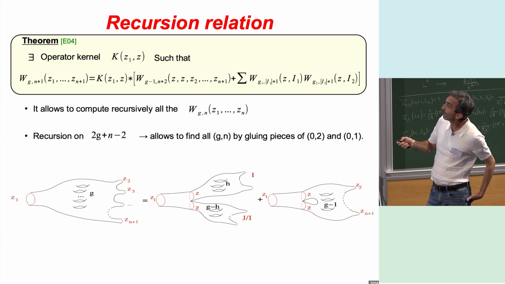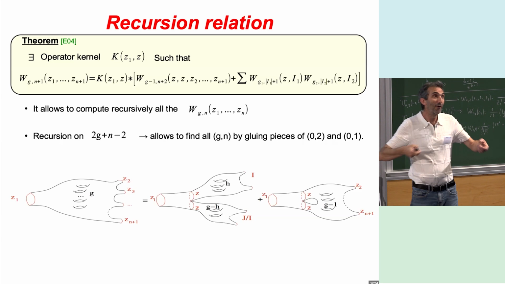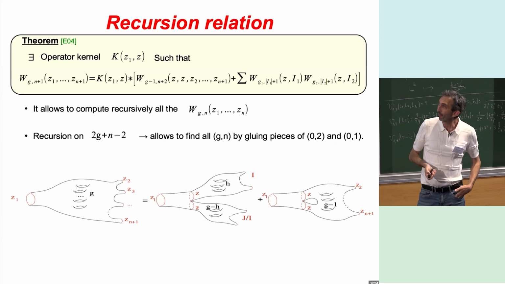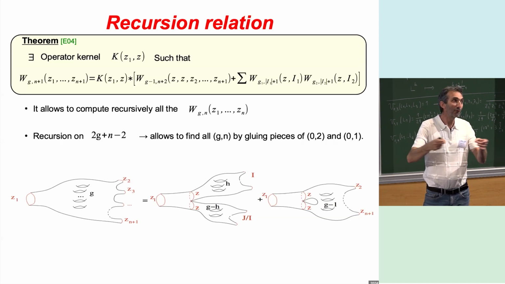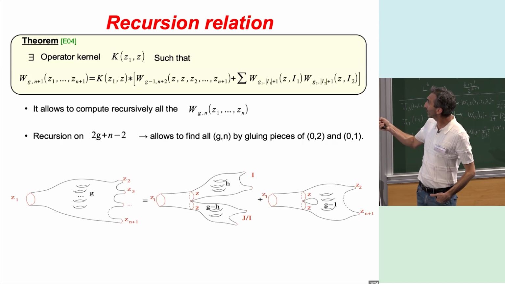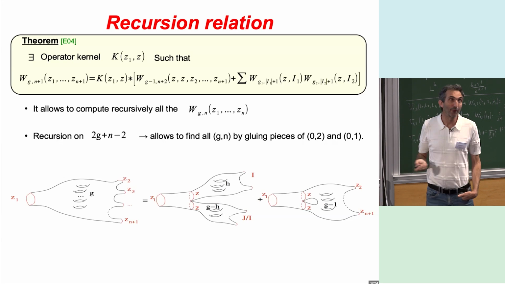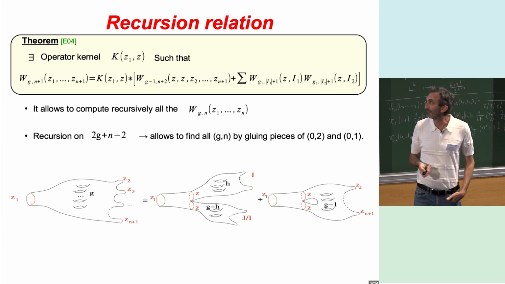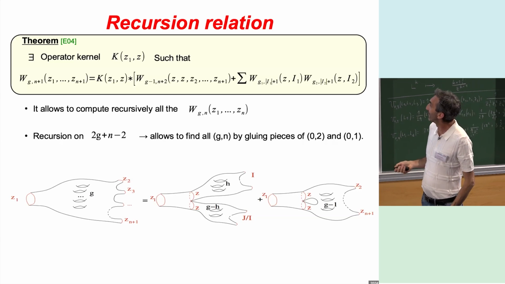If you think of it, it's like starting from there and removing a pinched pair of pants. Some people say removing a pair of pants, but I prefer to think of a pinched pair of pants because in fact there is only one independent variable, not two. So you should not think it's really two boundaries, but only one boundary which is pinched. That's my point of view.